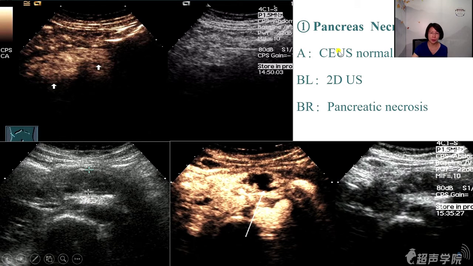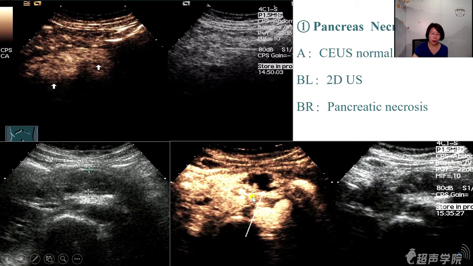Now, let me see the first key point for ultrasound to diagnose severe AP, to find if there is any necrosis in pancreas parenchyma. The upper image shows you the normal pancreas, the normal enhancement.